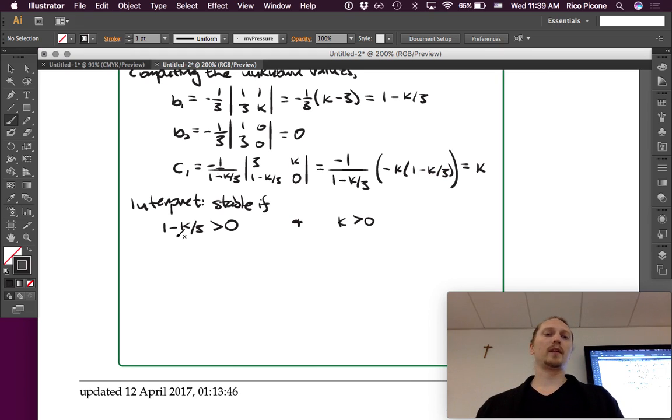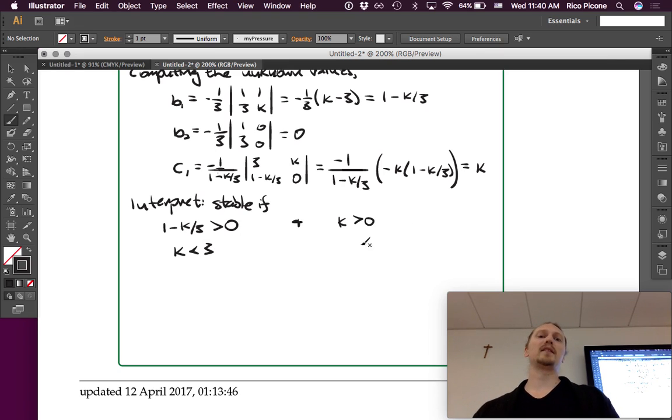So this one we can rearrange. We can add k over 3 to both sides and then multiply both sides by 3. We don't have to switch the direction of the inequality. Remember, you do if you multiply by a negative number, but a positive number like 3 you don't have to. And you get that k has to be less than 3, right?